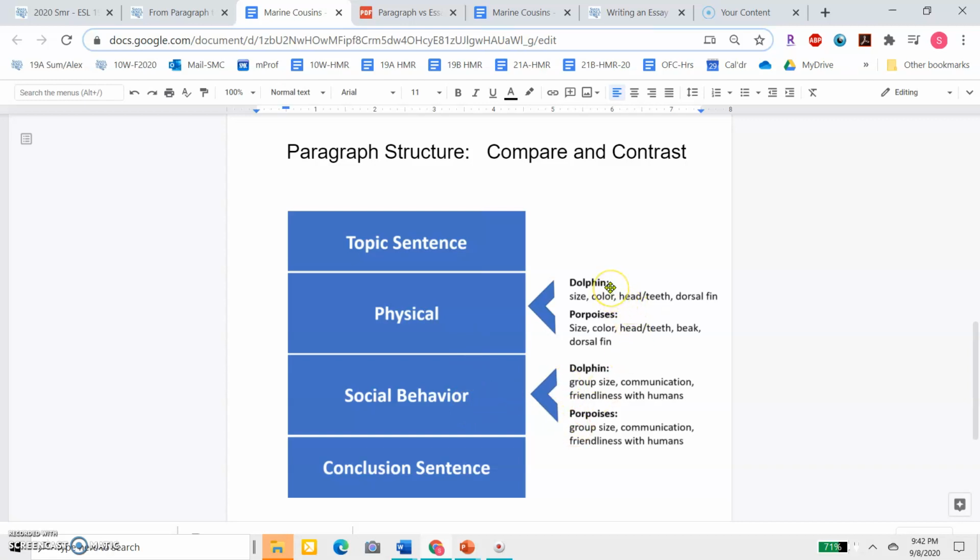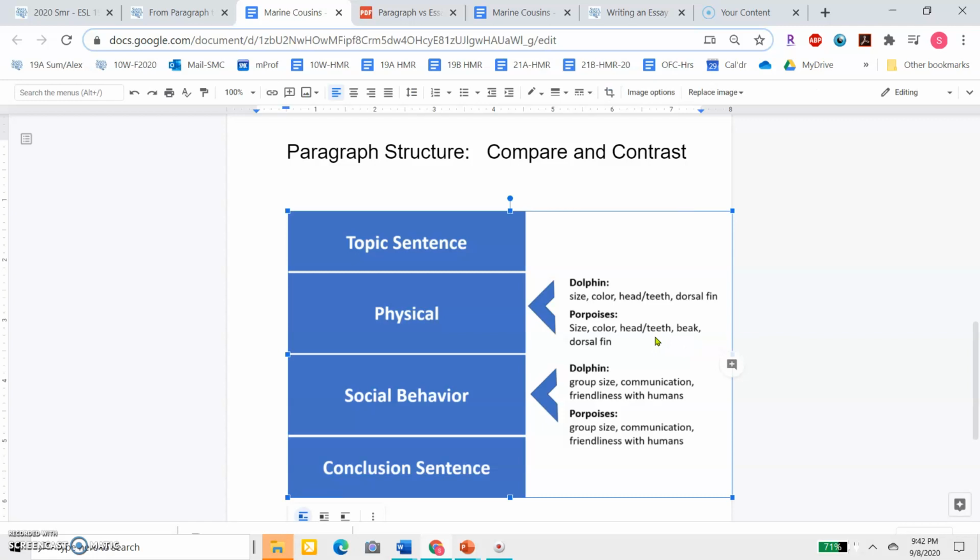For each of your subjects, you're talking about the same points of comparison. So the dolphin's size, color, head, teeth, and dorsal fin. Porpoise's size, color, head, teeth. It says beak. That's actually their, goes with head and teeth, and dorsal fin. So these should be exactly the same.